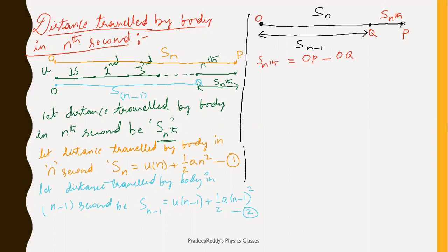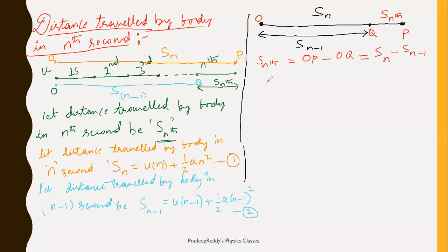QP is equal to OP minus OQ. But what is OP? OP is the distance traveled in n seconds, minus the distance traveled in n minus 1 second. Right? So I'll be using that here.